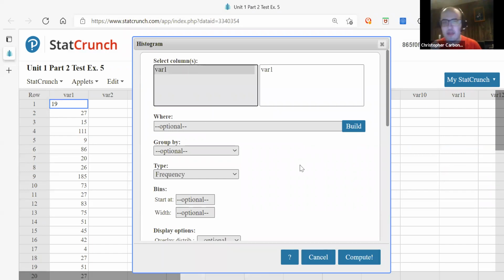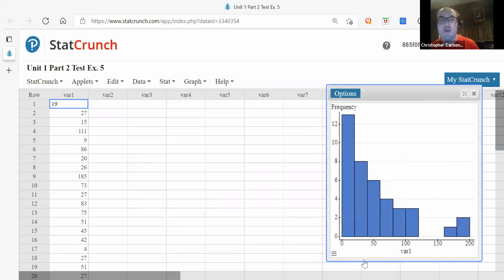Now, if I just keep the defaults for this and just compute it, it's not going to match the graph on the test. So to do that, we are going to start at the value of 0 and give it a class width of 20. That would match what's on the test. And hitting Compute will give us this graph.